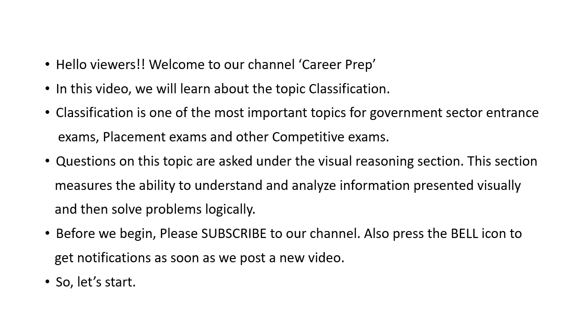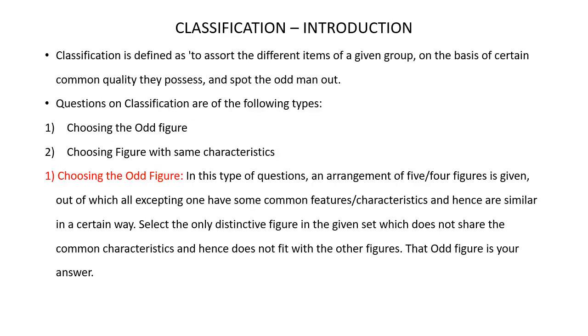So let's start. Let's now learn the basic concept about classification. So what is classification? Classification is defined as to assort the different items of a given group on the basis of a certain common quality they possess and then spot the odd man out.